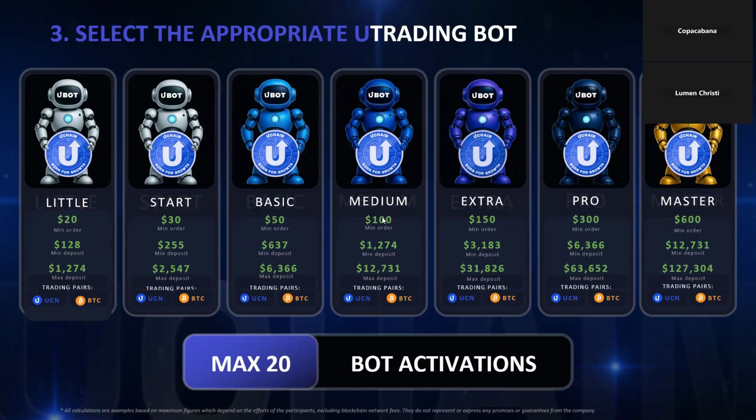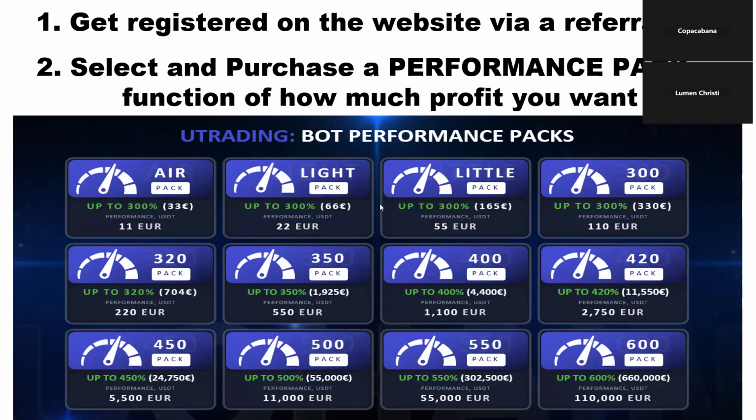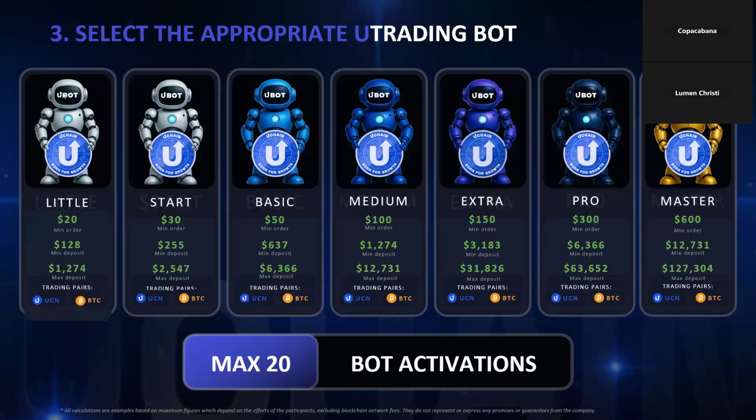Why is it so? Because there is a condition. And what is the condition? The condition is that if you have purchased a performance pack for a certain amount of money, the minimum amount that you must give to the bot you select as trading capital must not be less than 1,100 euros worth in terms of USDT. It will come back here. This is the smallest bot.